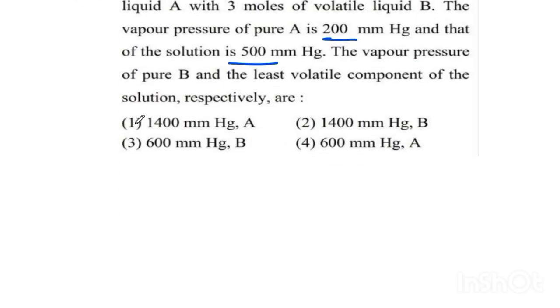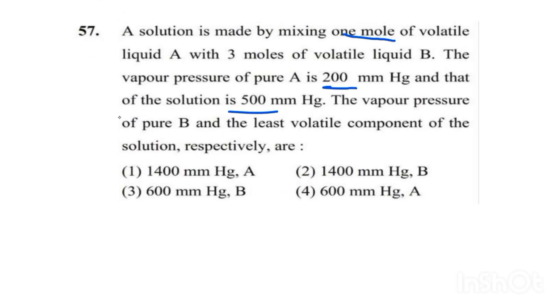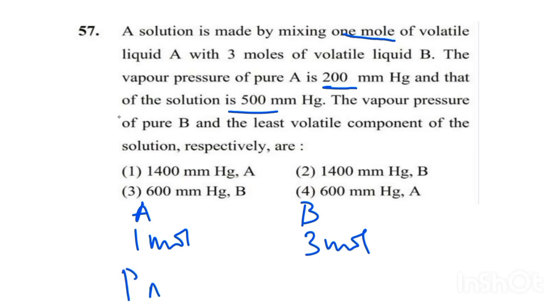So let's see what is given here. We have two components A and B. A is 1 mole, B is 3 moles. Vapor pressure of pure A is 200 millimeter Hg.